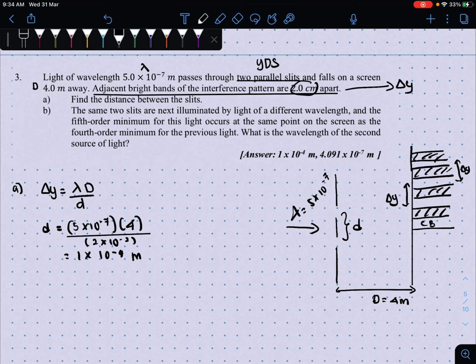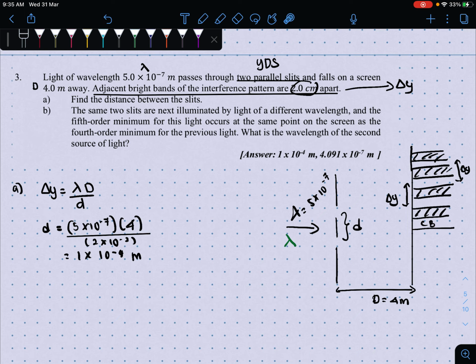Next here, the question asks to find the wavelength when the same two slits are next illuminated by a light of a different wavelength. Now, you're going to illuminate this particular slit with another wavelength, lambda prime, whose value is not given in the question.